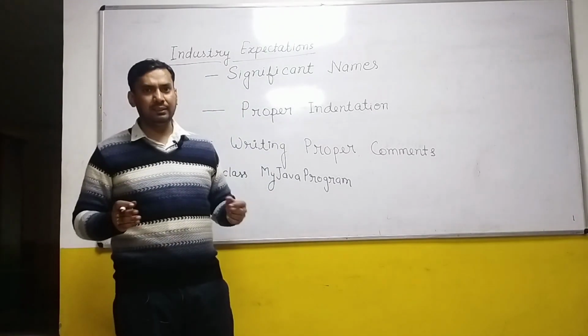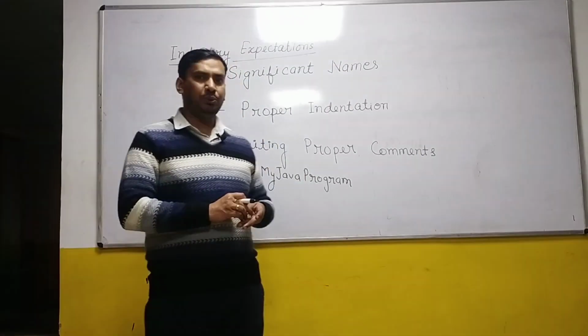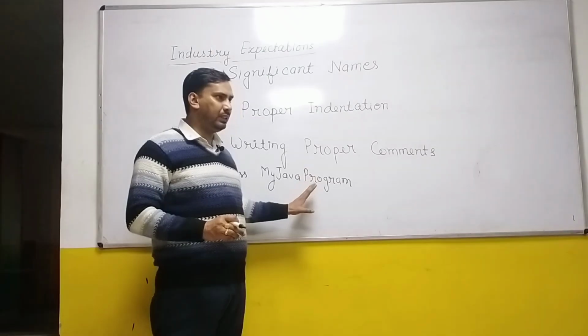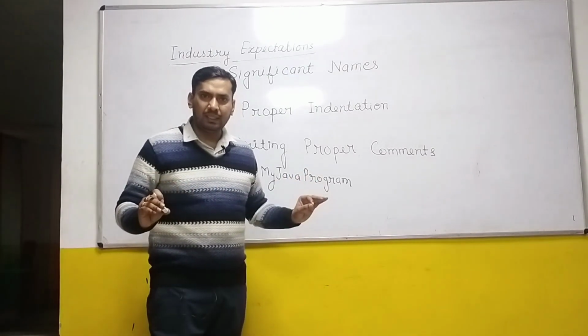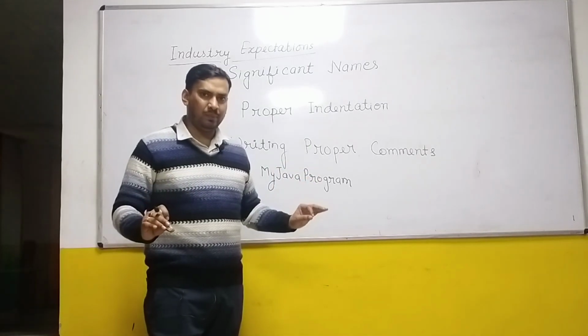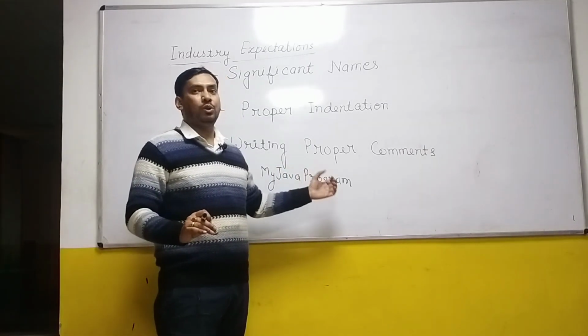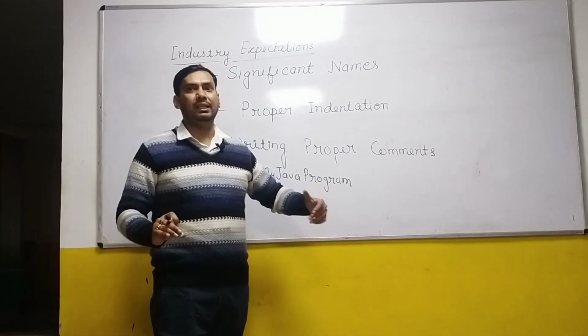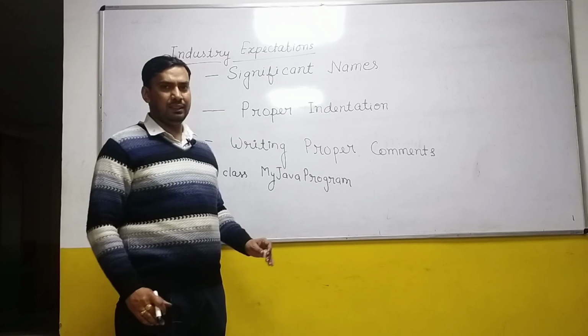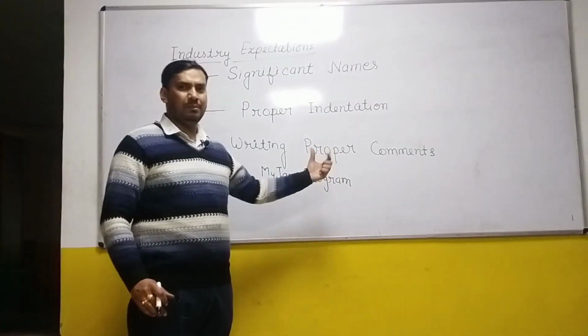If you create any class, enum, or interface, you should use this naming convention. Even if you are not using this, you are not going to get any kind of compilation error, you are not going to get any kind of problem, but it will create a problem for you as well as for others. How it can create a problem? Let's say I haven't created the my Java program in this manner.